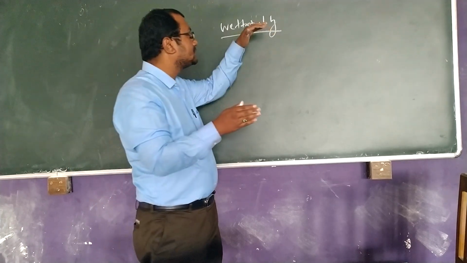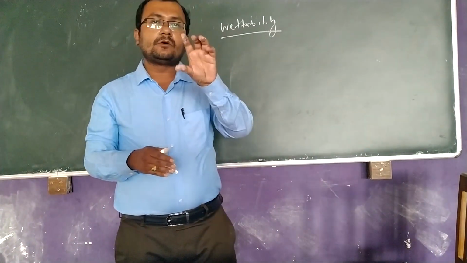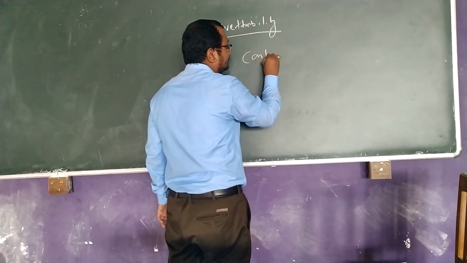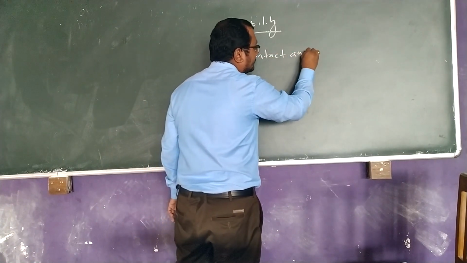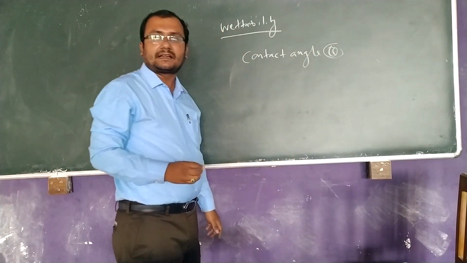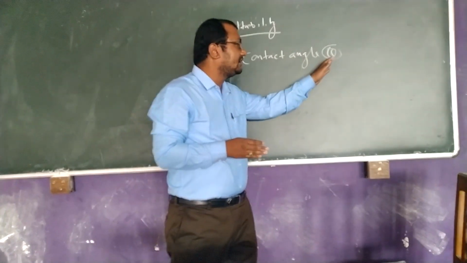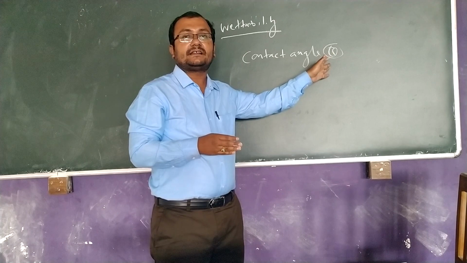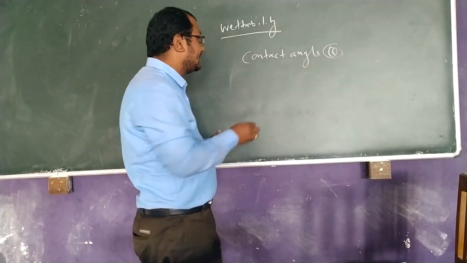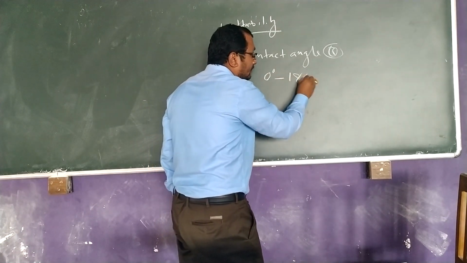To find out the wettability, how much of the solid is wetted, we have to know one angle, that is known as the contact angle. Generally you write theta for that. This contact angle we have to find out, and from it we can decide the wettability of a particular solid. Generally this contact angle ranges from 0 degrees to 180.